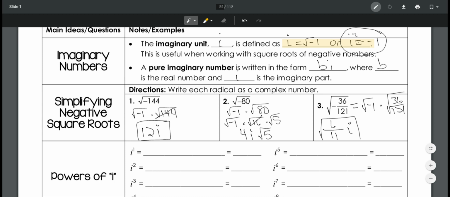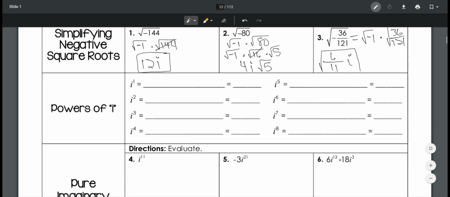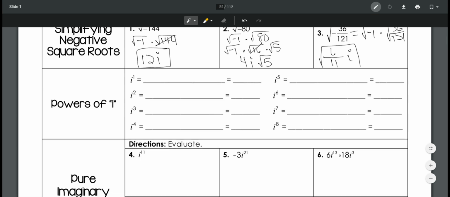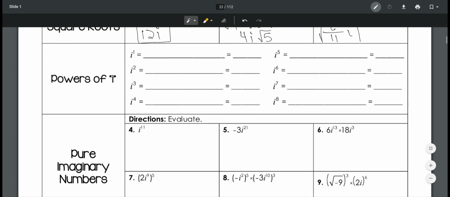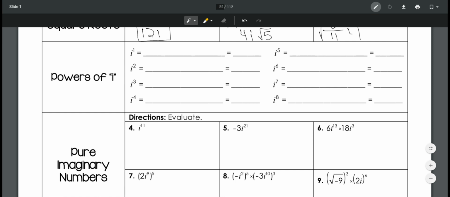Now, in the next little chunk of this particular section, we are going to talk about what happens when you have something bigger than an i. So in the first example, i to the first power stays i.